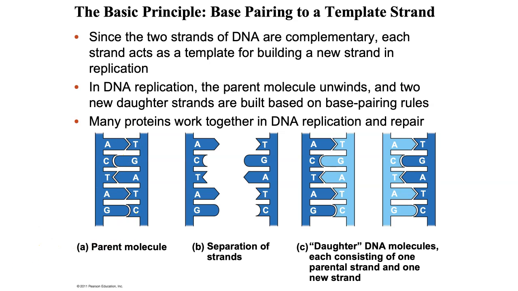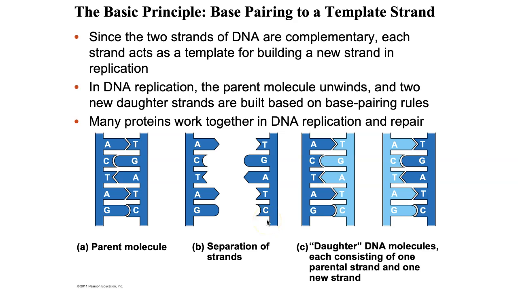Now, during DNA replication, that parent DNA molecule unwinds, and it also unzips. So these two strands come apart. This allows all of the cellular machinery, all your DNA polymerases, all your enzymes to get in here. These then become template strands.